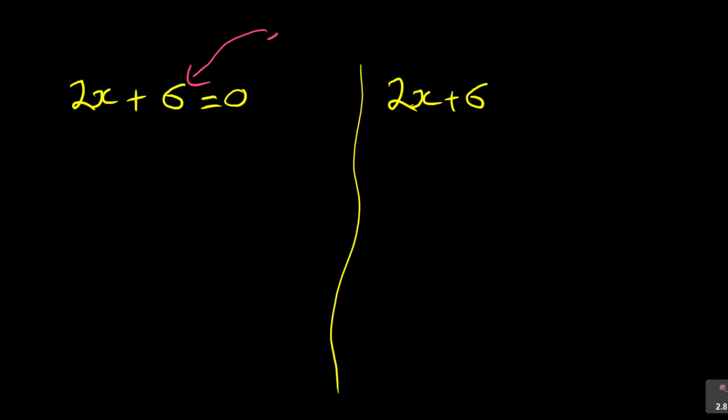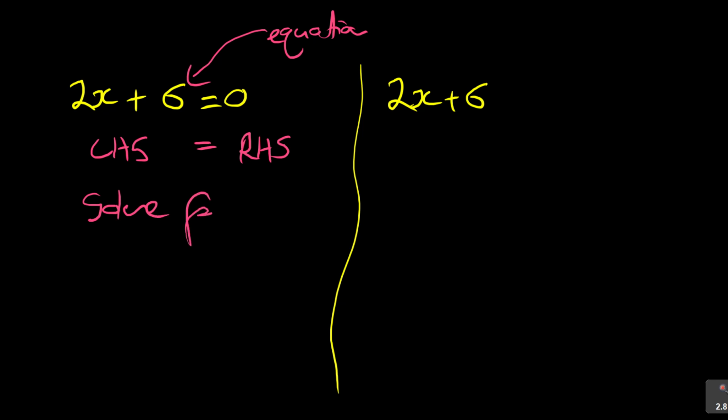This is called an equation. Why? Because there is the left hand side, then the equal sign, then there is the right hand side. So we call this an equation. Then you can solve here for x.